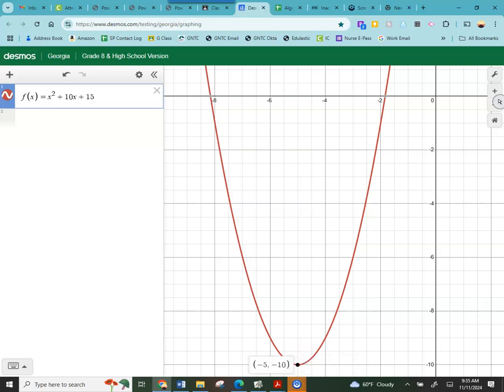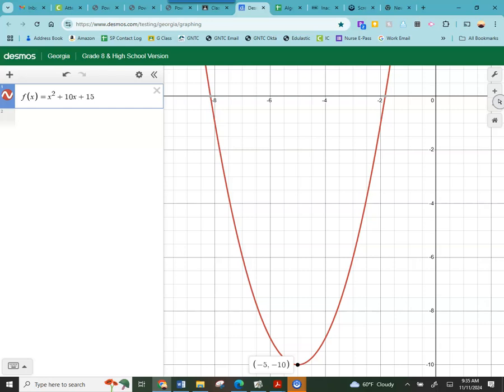What part of the curve is that? That's the vertex, which is also the minimum. So, winner, winner, chicken dinner, I immediately know the vertex is -5, -10.